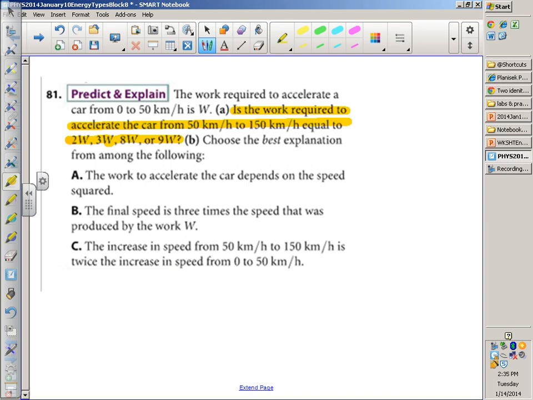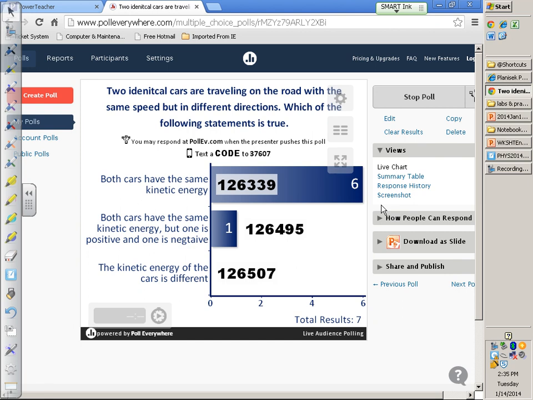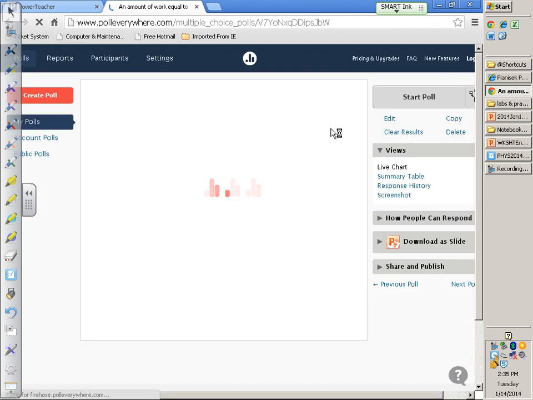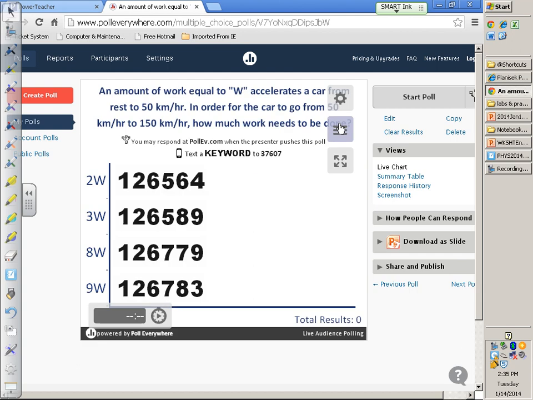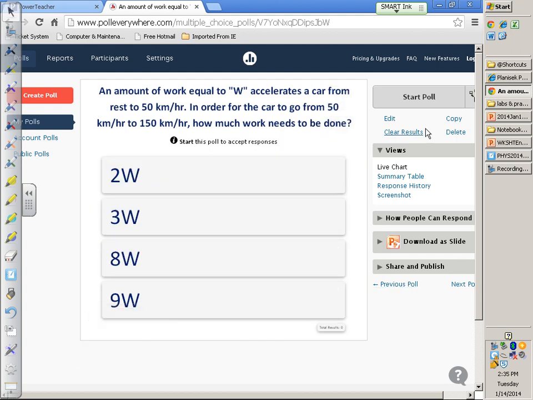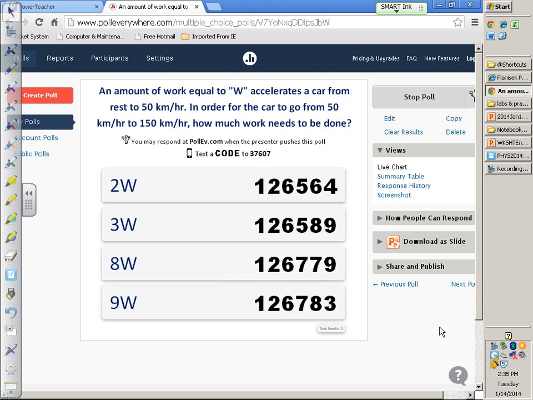This question is very similar to a question that we talked about right towards the end of class yesterday. So, is the amount of work to go from 50 to 150 twice the original, 3 times the original, 8 times the original, or 9 times the original?